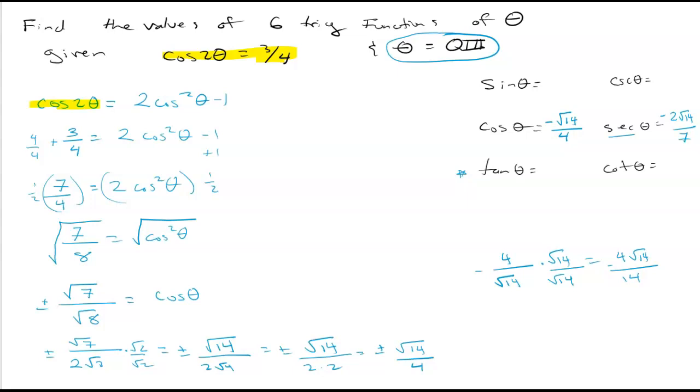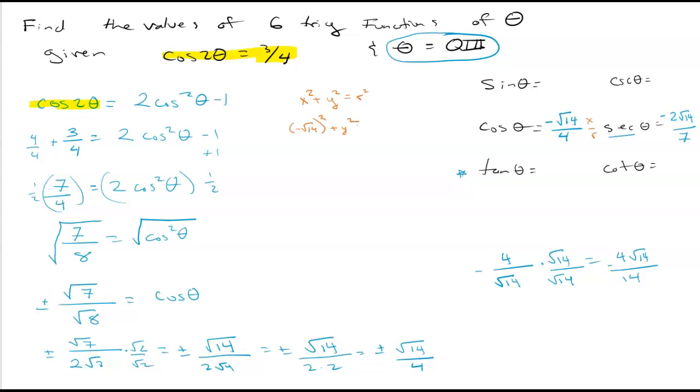So how do we find the other terms? Okay, well, I could use the double angle again, right? Or we can now use x squared plus y squared is equal to r squared. So if we remember that cosine is really x over r, I can plug in the negative root 14, squared that.